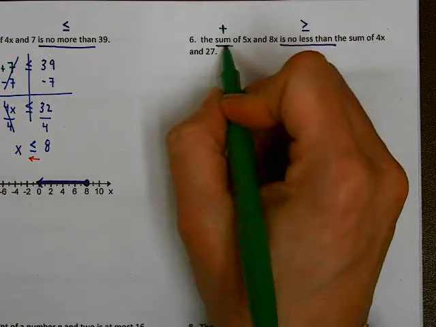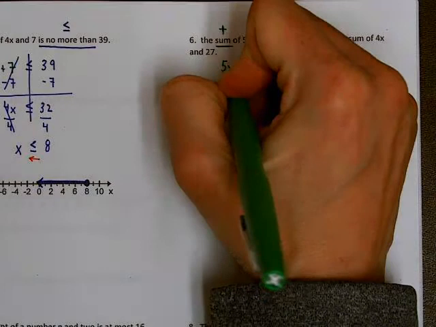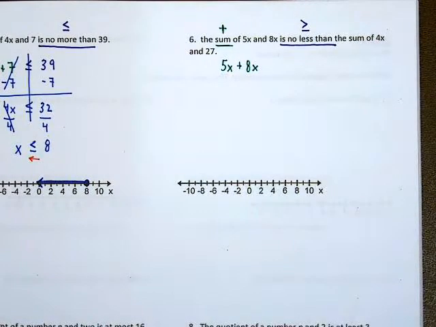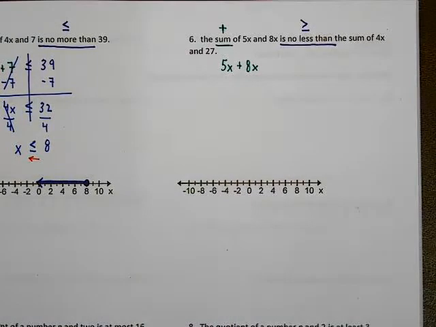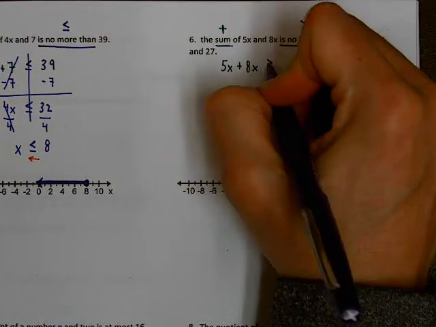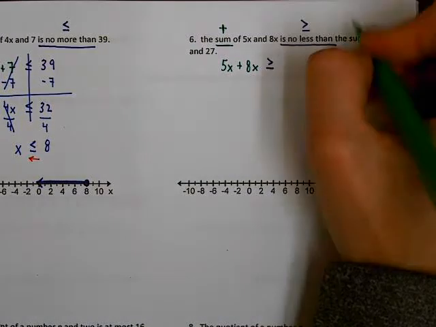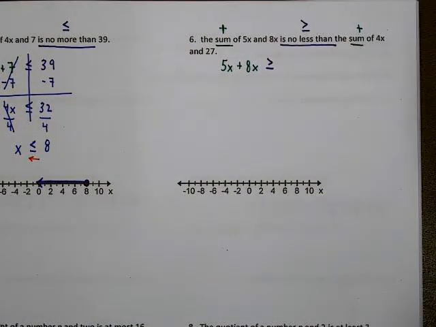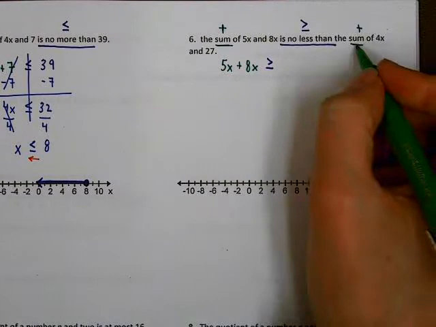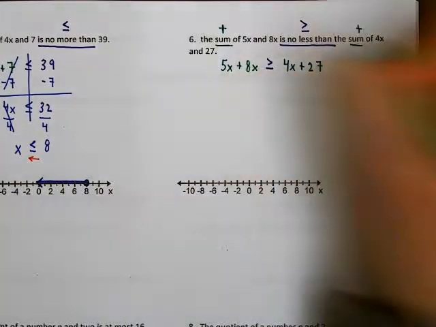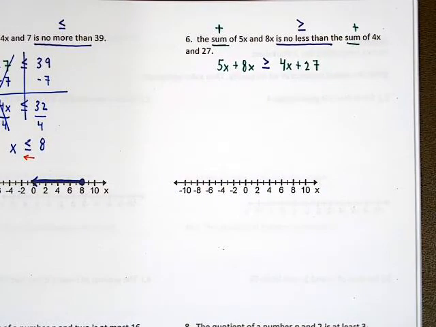First I'm doing the sum of 5x and 8x. That tells me it's no less than, so it has to be greater than or equal to, oh, I forgot this keyword here, the sum again of 4x and 27. So now I have 4x plus 27. So there's step 1, my translation.